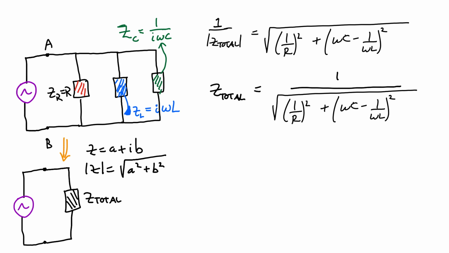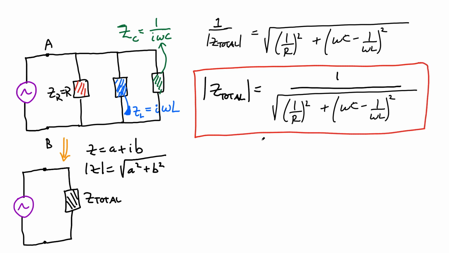Okay, so this is really the magnitude of the total impedance of my circuit. And the reason you want to know that is because we've represented it now by this guy right here, right? We've had 3 different branches that we've simplified into a single branch. And what that means now is I can use this in order to find the maximum current.